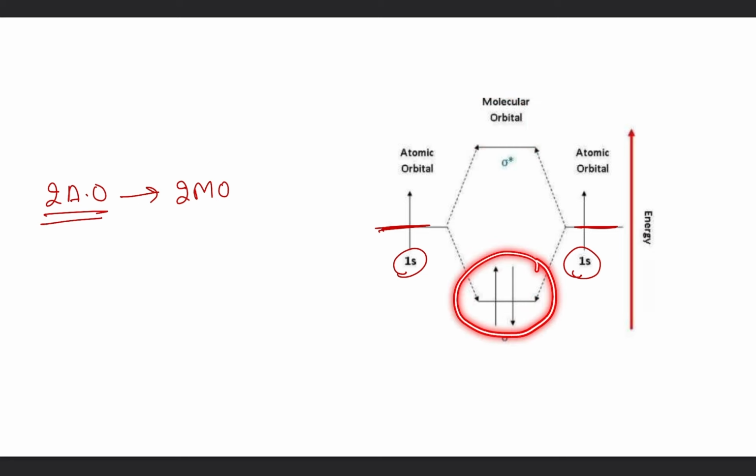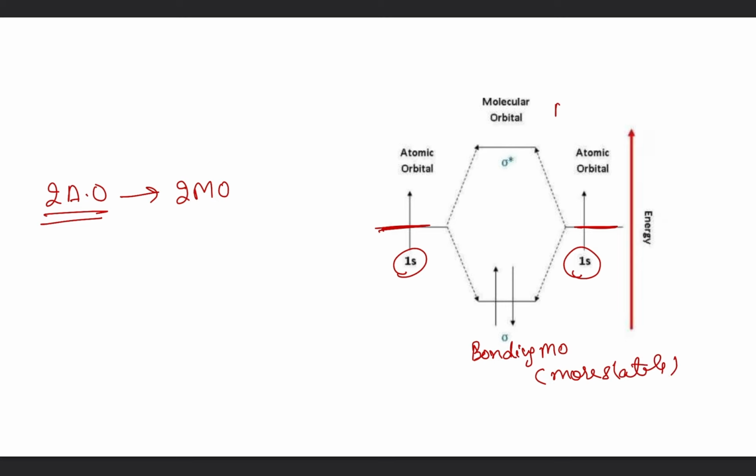This one is the bonding molecular orbital, which is lower in energy and more stable, and the other one is the anti-bonding molecular orbital, which is high in energy and less stable. Clear?